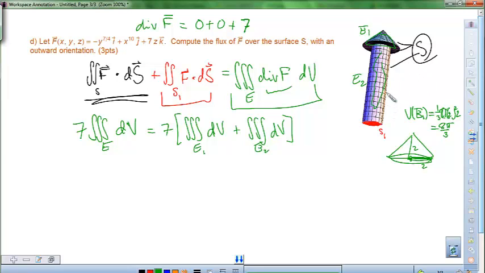E2 is a cylinder, radius 1, and the height goes from 0 to 8. So the volume of the cylinder is going to be the area of the base, pi r squared, times the height, which in this case is 8. So we get 8 pi. So what we have here is for E1, the cone, 8/3 pi plus 8 pi.